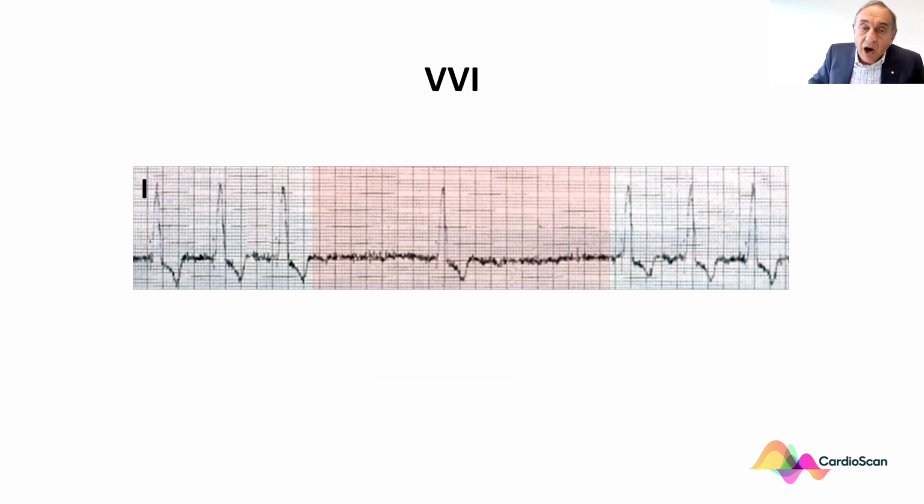Here is another VVI, which is troublesome in that there are long pauses present. This patient had the pulse generator implanted in the abdomen, and this was in the early days of pacing. Every time the patient tried to sit up from the supine position, he would inhibit the pacemaker with abdominal myopotentials and would then fall back again.